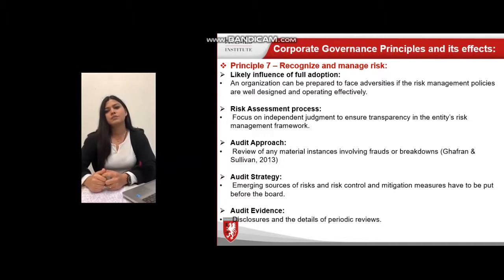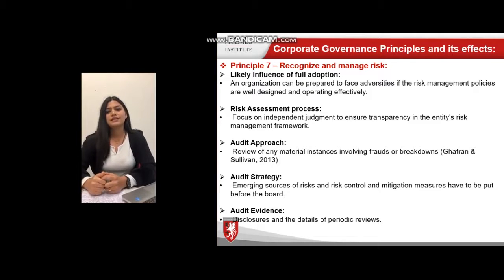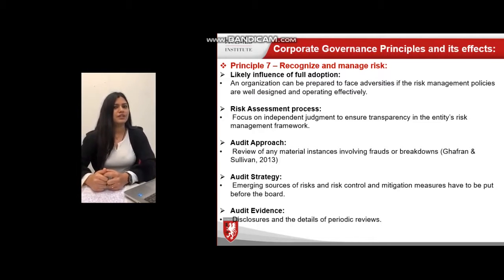The audit approach is monitoring whether the entity is operating within the framework and reviewing any material instances involving fraud. The audit strategy is knowing the emerging sources of risks and finding out mitigation measures. Audit evidence for this principle is disclosures and the details of periodic reviews.